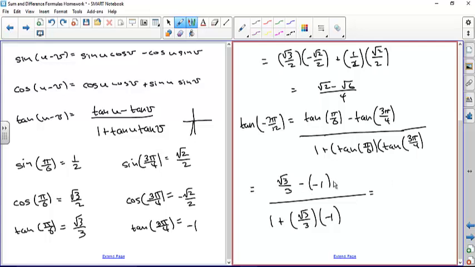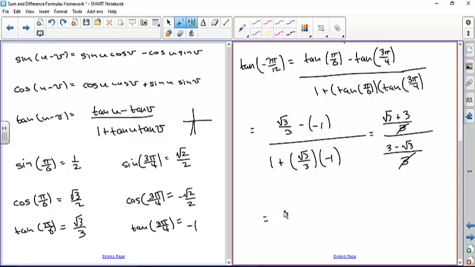So here we're going to have the square root of 3 plus 3 divided by 3, because negative 1 times negative 1 is positive 1. Here we're going to have 3 minus the square root of 3 over 3. So these cancel out. And we're left with the square root of 3 plus 3 divided by 3 minus the square root of 3. And then you multiply and divide by 3 plus the square root of 3.